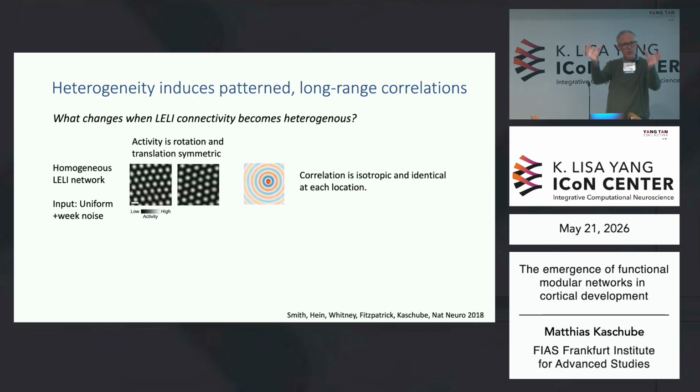But it's fully isotropic, and it must be because the dynamics is isotropic, right? There's no reason why the correlation structure should not be isotropic. Any activity pattern, like a shifted or rotated pattern, would be an equal solution.